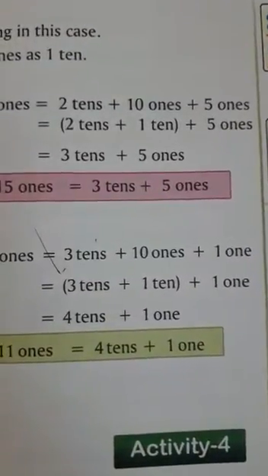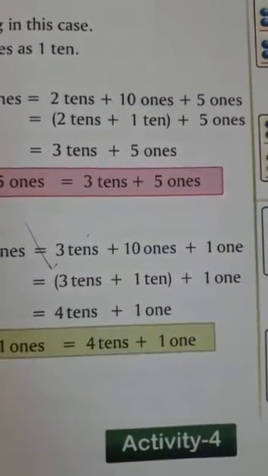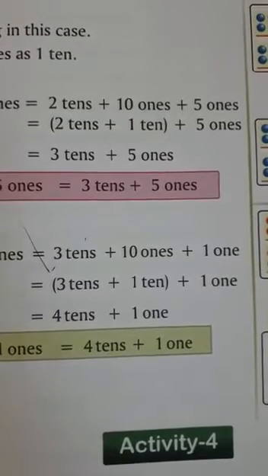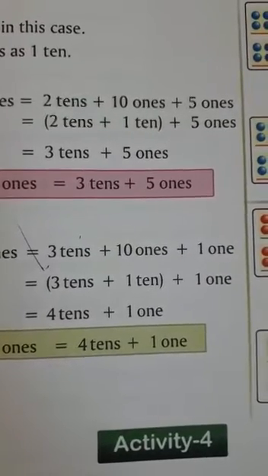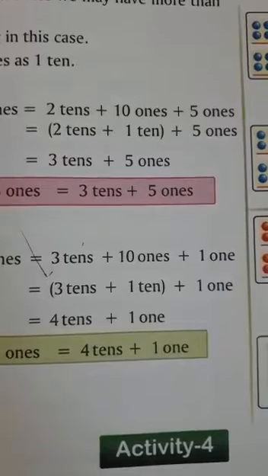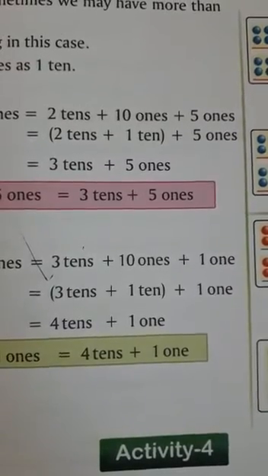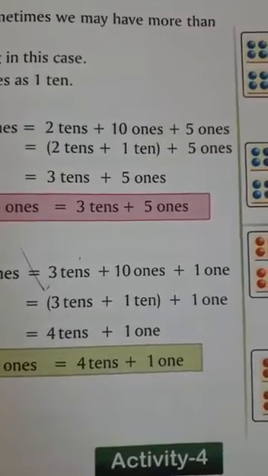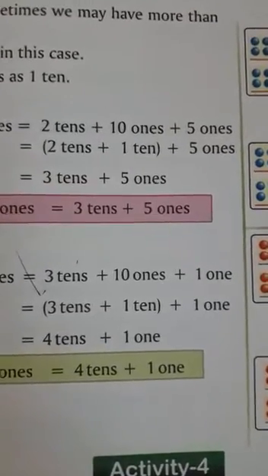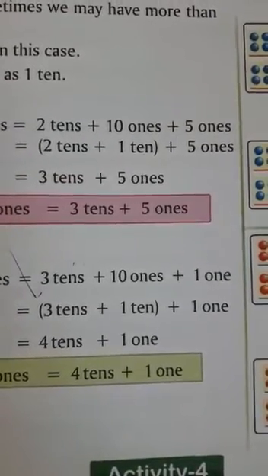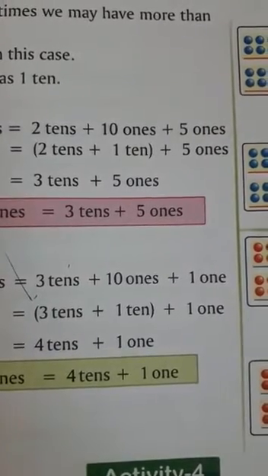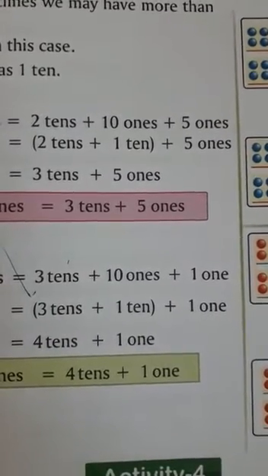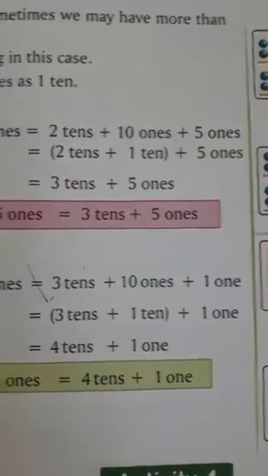Like we have written 2 tens and 1 ten more. Why have we written here 1 ten? Because we can write 10 ones as 1 ten and 5 ones. So we have here 2 tens and I add one more ten, it becomes 3 tens and 5 ones.